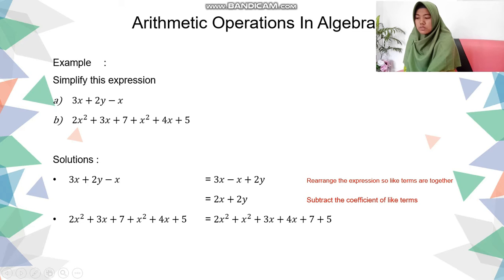It is equal to 2x squared plus x squared plus 3x plus 4x plus 7 plus 5. Then we add the coefficient of like terms. It is equal to 3x squared plus 7x plus 12.